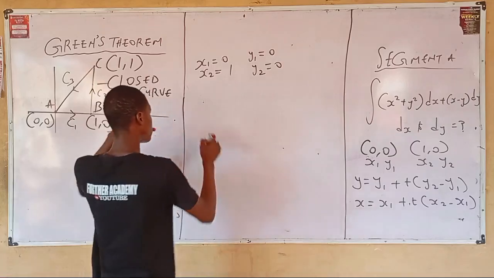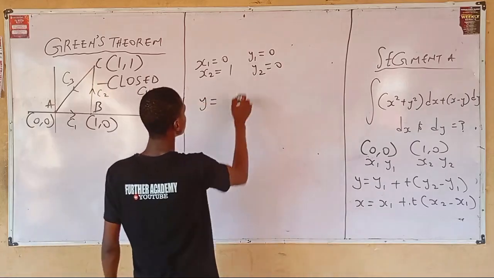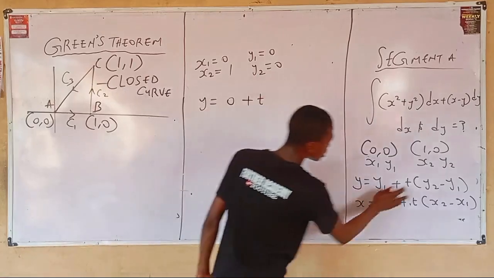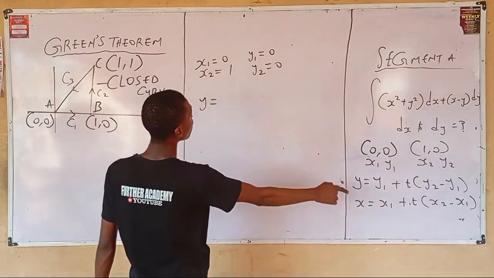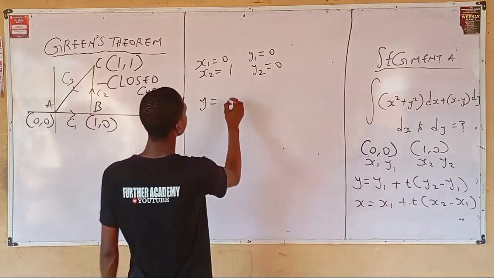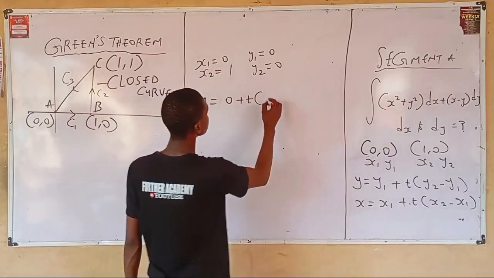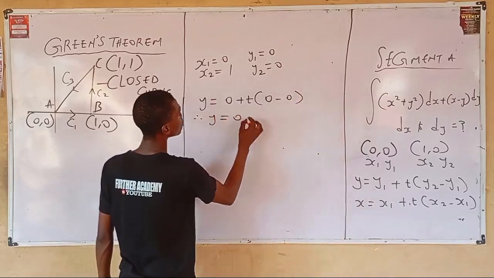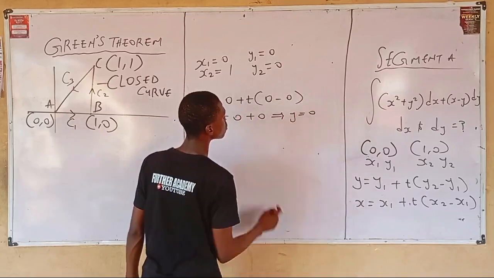Now let's get the function of y. Y becomes 0 plus t all into bracket 0 minus 0, right? Therefore, y is equal to 0 plus 0, which implies that y is equal to 0.